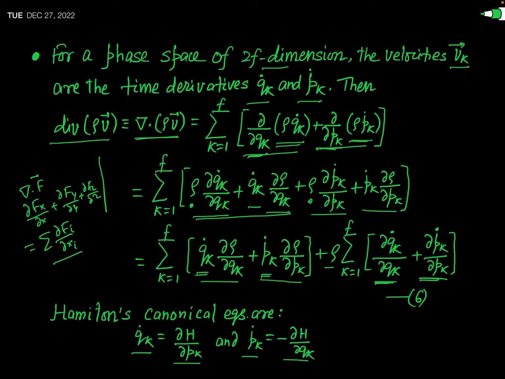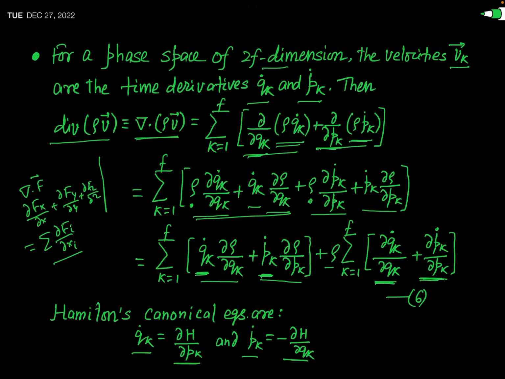So in the first term in RHS of this equation 6, this qk dot will be replaced by del h by del pk, and this pk dot can be replaced by minus del h by del qk. Okay, we will replace. Now we want to know how these two terms, del qk dot by del qk and del pk dot by del pk, are related.